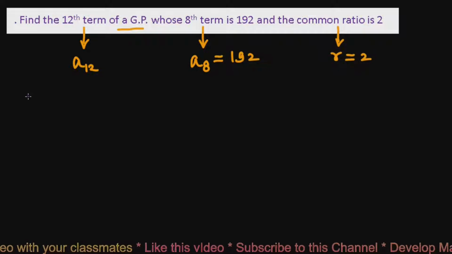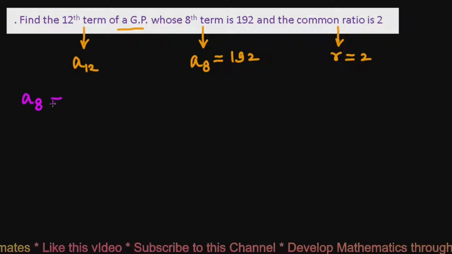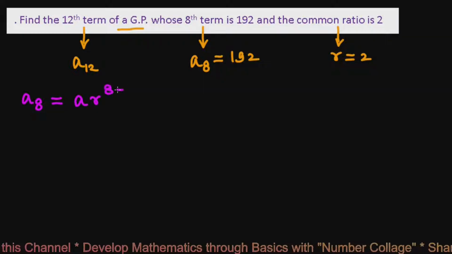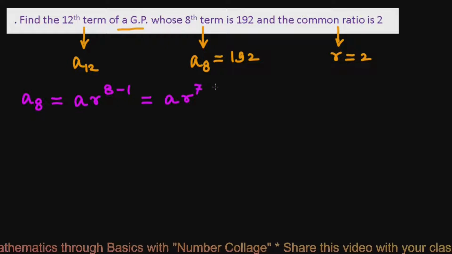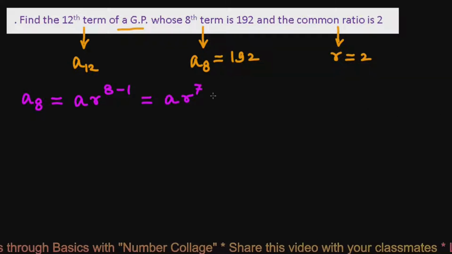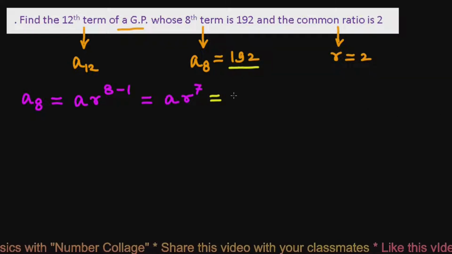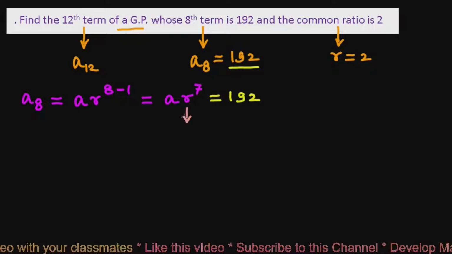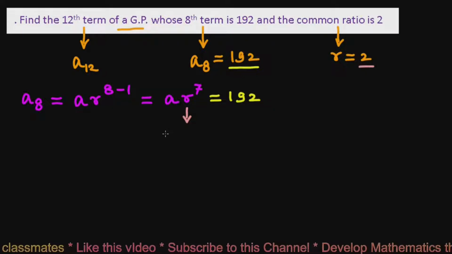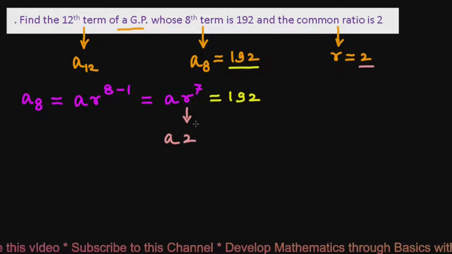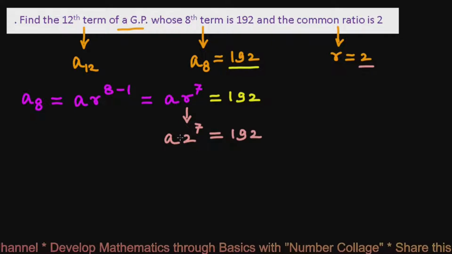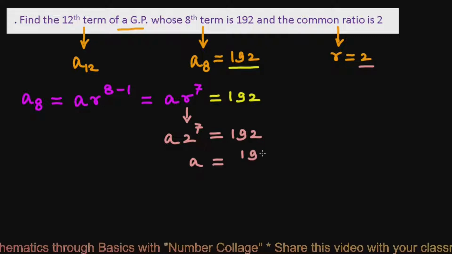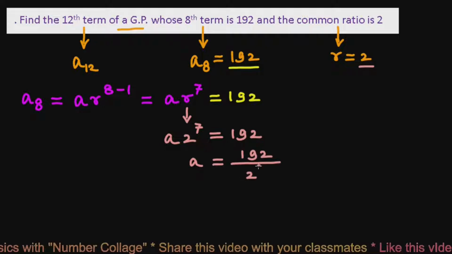The 8th term A8 will be A R power 8 minus 1, that is A R power 7, and this 8th term is given to be 192. Now putting R equals this 2, we write A 2 power 7 equals 192. That gives A equals 192 upon 2 power 7.